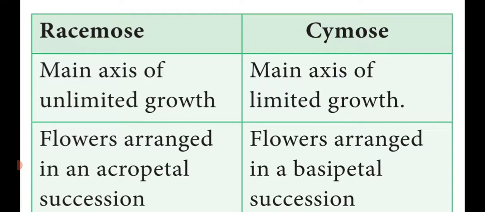It is again divided into 3 broad categories based on the branching pattern. That is main axis elongated, which is again divided into 7 types. Main axis shortened, divided into 2 types. And main axis flattened, divided into 1 type. And also we have seen the difference between racemose and cymose inflorescence.